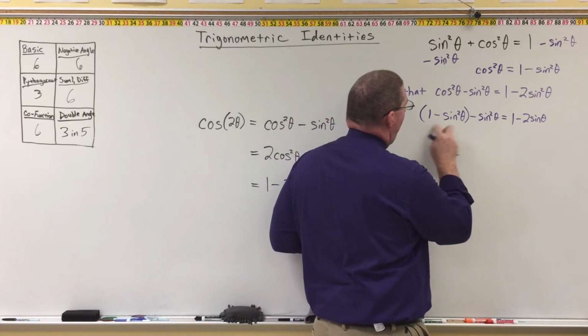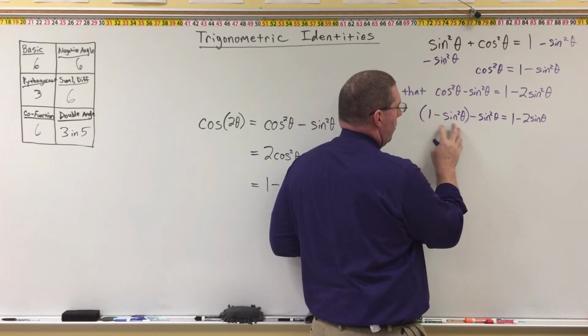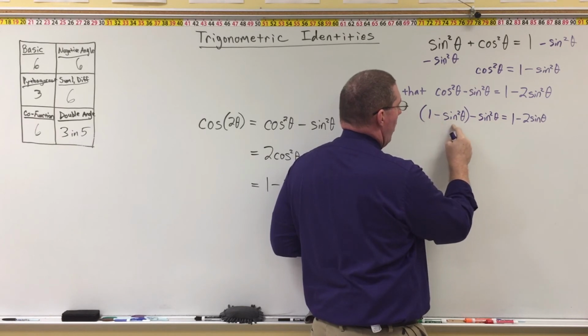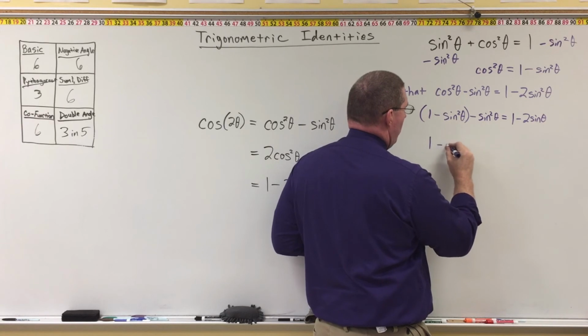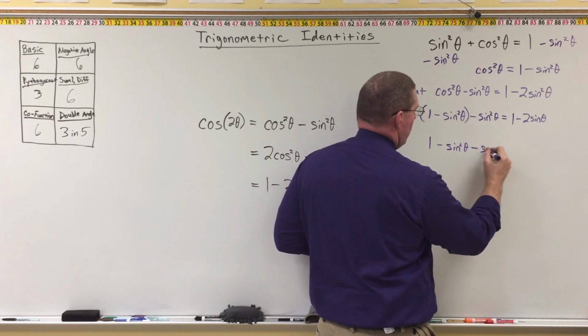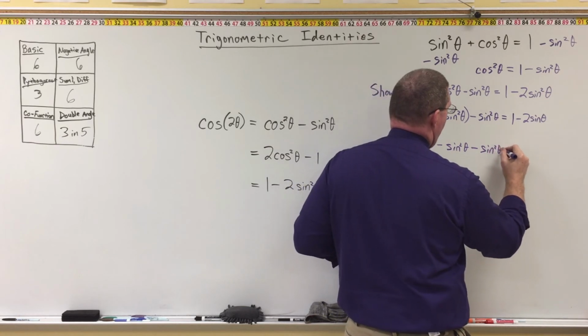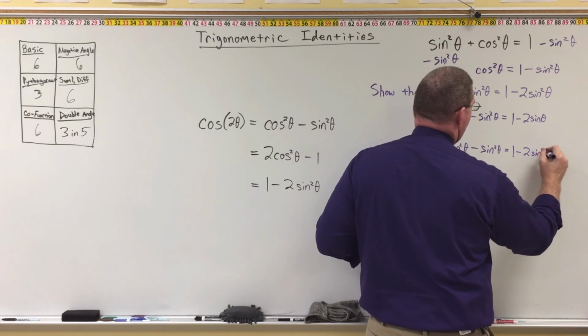Now, here I can basically just get rid of the parentheses, because the parentheses aren't being multiplied by anything. It's just 1 minus sine squared of theta, and then outside I have, again, minus sine squared of theta. So I have 1 minus sine squared of theta minus sine squared of theta is equal to 1 minus 2 sine squared of theta.